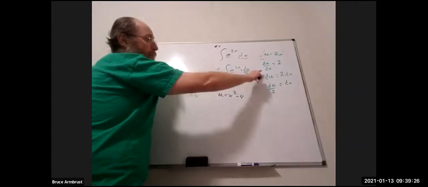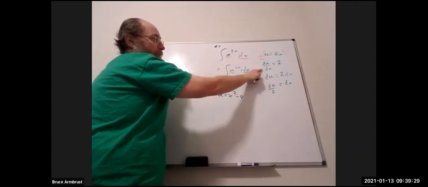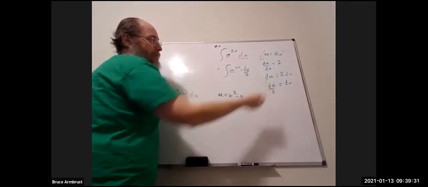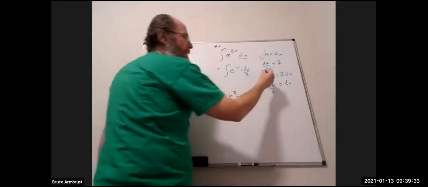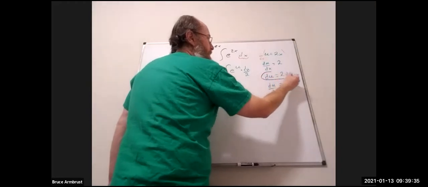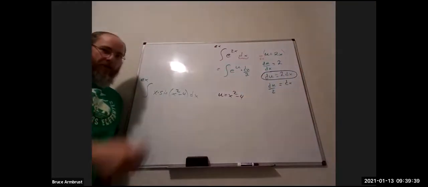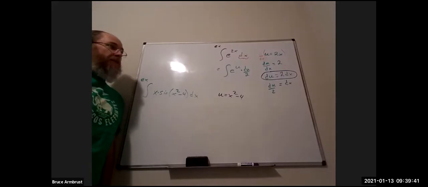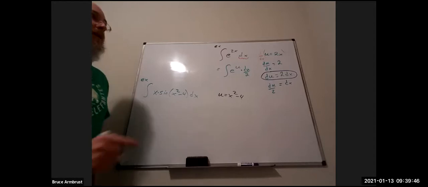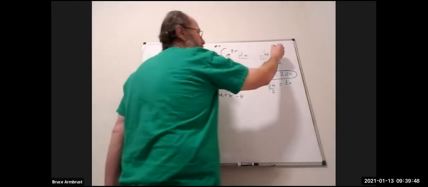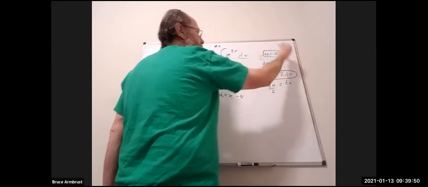So remember when I did this before, I differentiated both sides with respect to x, and then I did some algebra. I want you to key in on this step right here, what we got after we got rid of the fraction by moving the dx to the other side. And I want you to look at specifically where we started.